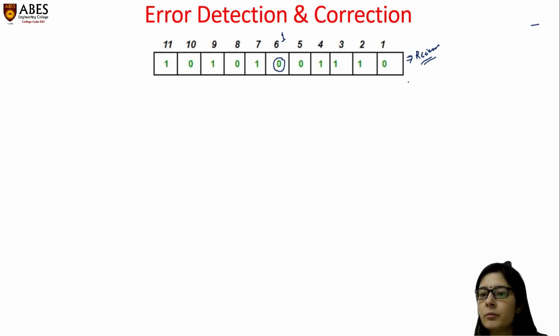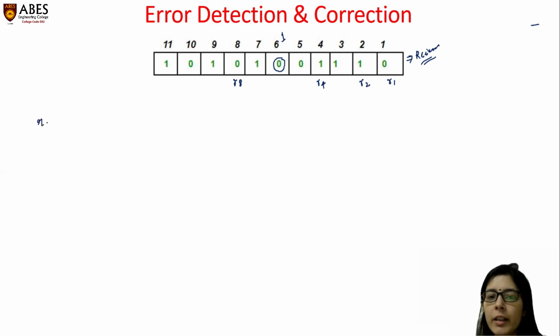So first we need to detect the positions at which we have put the redundant bits. So this is our redundant bit 1, redundant bit 2, redundant bit 3, and this is our redundant bit 4.